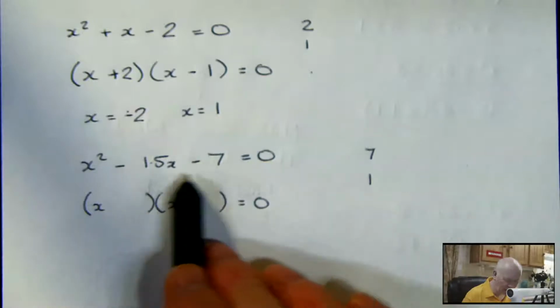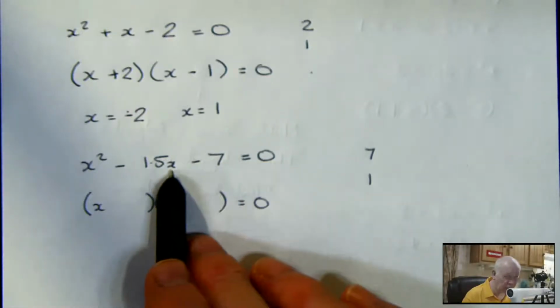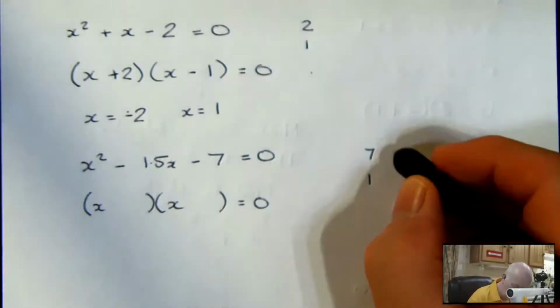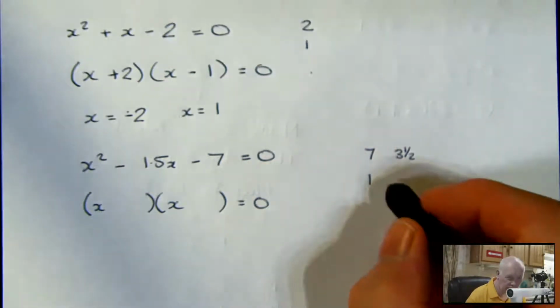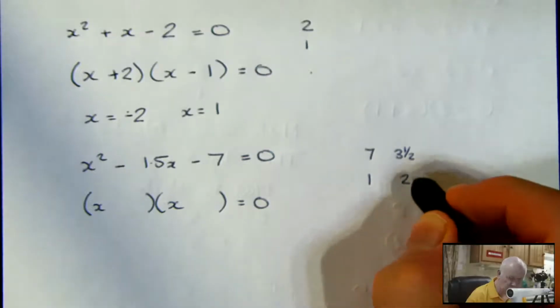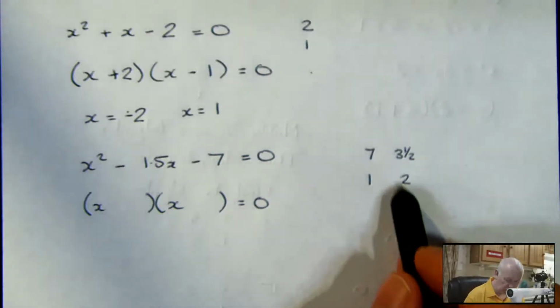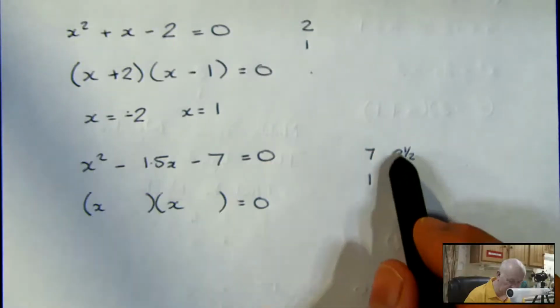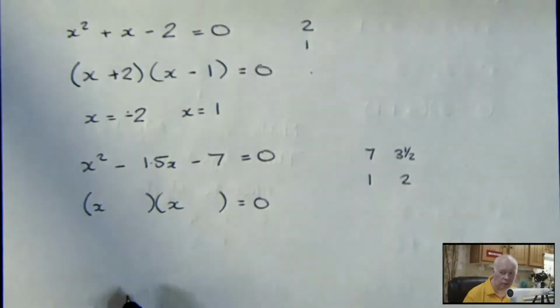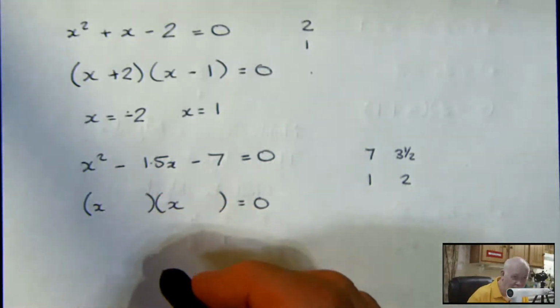So what else could make 7 and 1.5? Well, I could say this is going to be 3.5 and 2. 2 3.5s make 7, and 3.5 take away 2 is going to give me 1.5. So I can do that.